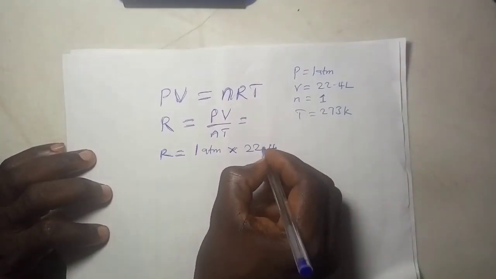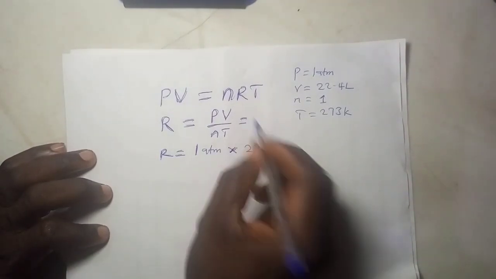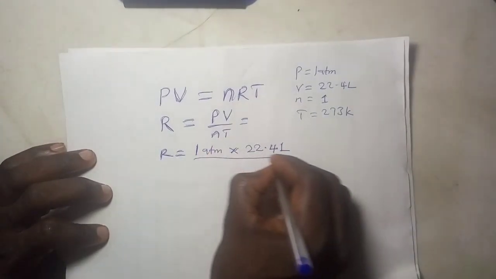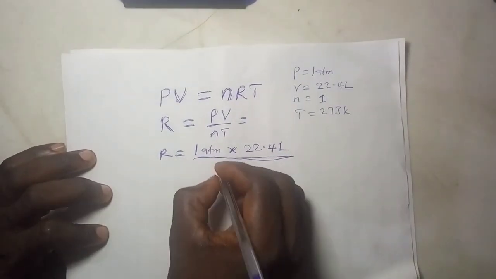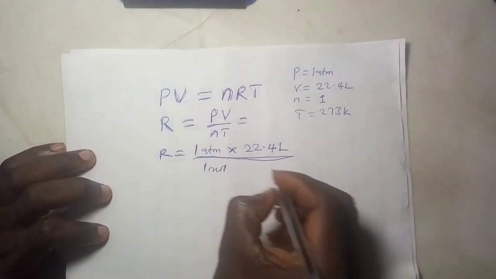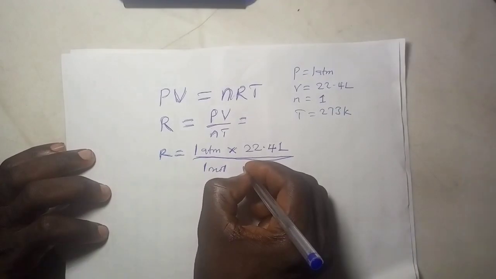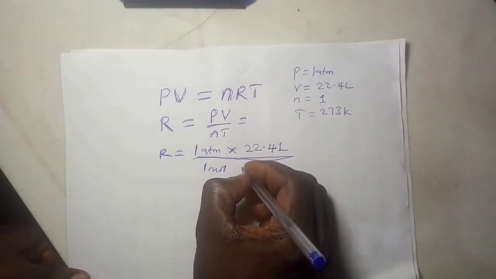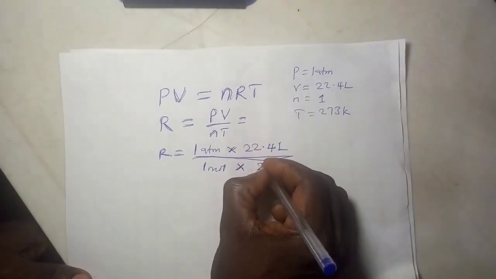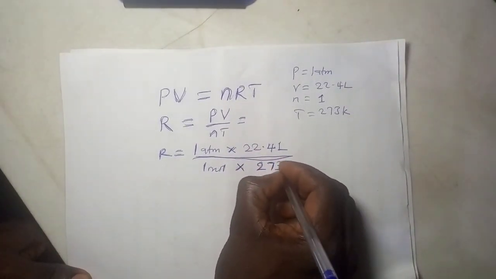Depending on the units you are using here, you will get different values of R. Divided by n, the number of mole, as 1 mole of a gas at STP, times the temperature at 273 Kelvin.